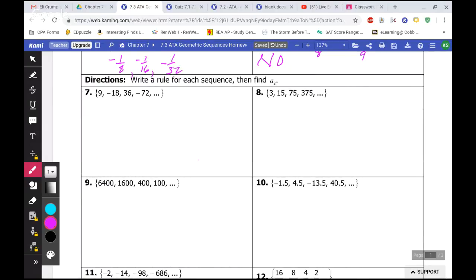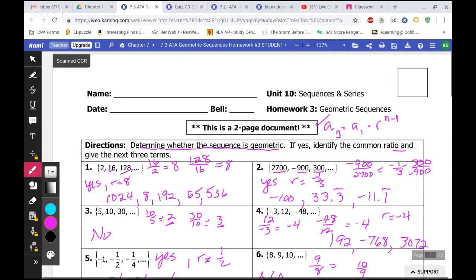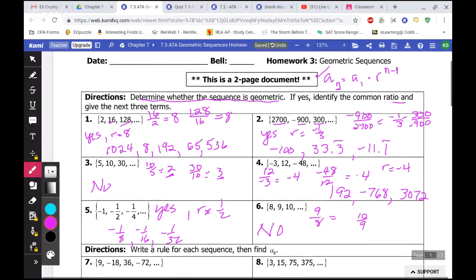Okay. So now to write a rule. So what do you think is going on here on number 7? What do you see going on? Doubling. Yeah, good job. So your common ratio is 2 because when you double something, so now what we want to do is take our formula that we wrote down up here. Is it -2?